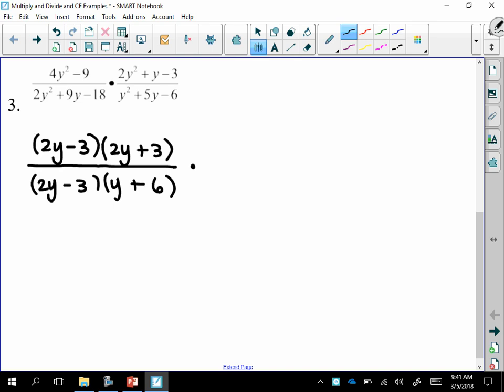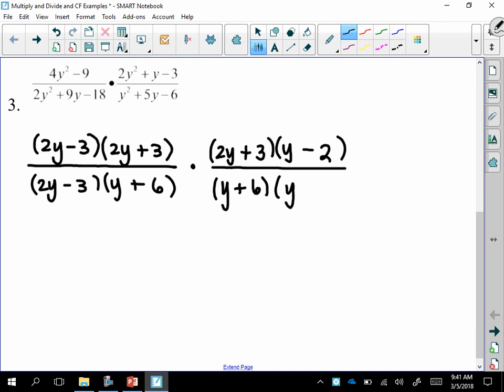Then we're multiplying, and the other fraction will factor the numerator quadratic trinomial, so that's going to factor into 2y plus 3 and y minus 2. And then the bottom one would be y plus 6 and y minus 1.